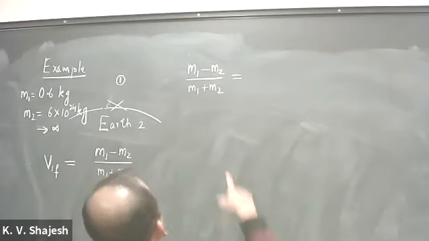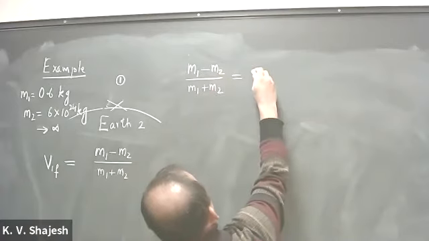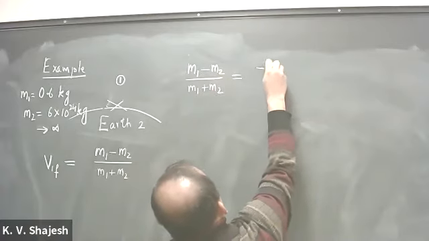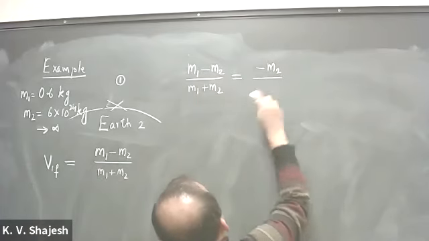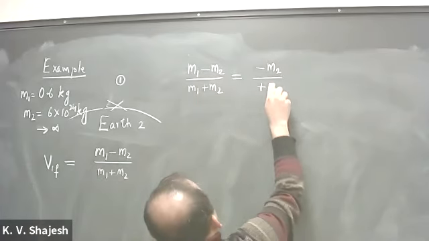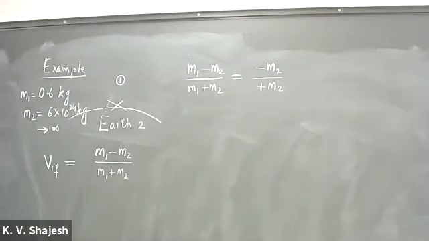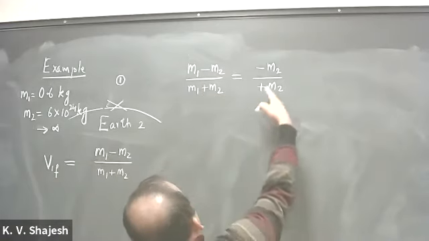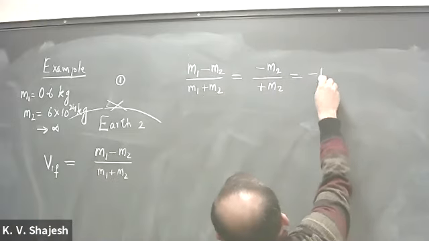So we're taking a limit. So M2 will dominate in the numerator. So that's minus M2 for all purposes to 1 sig digit. And in the denominator, it is the larger one that dominates, right? So M2 and M2. But after you take that limiting scenario, those two cancel out. So that's equal to minus 1.